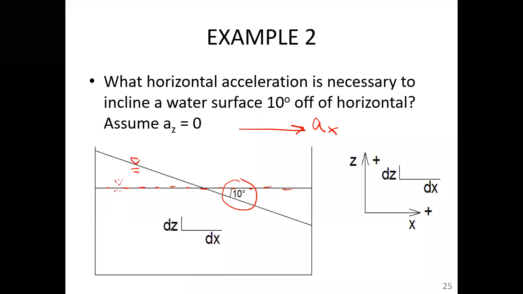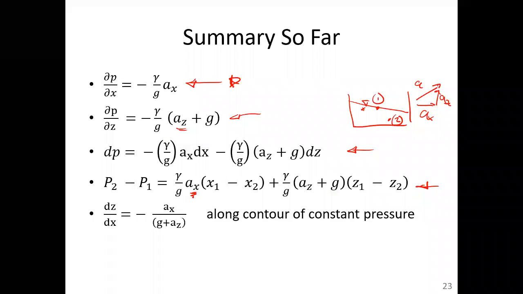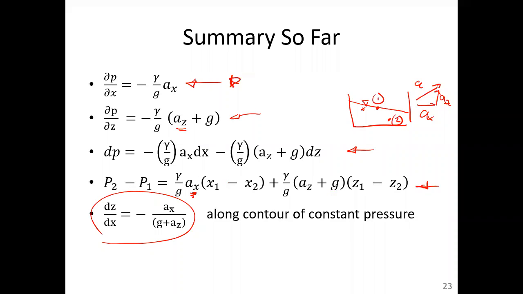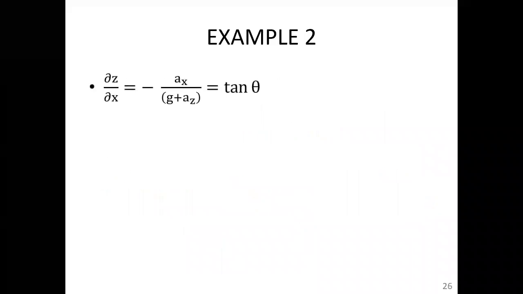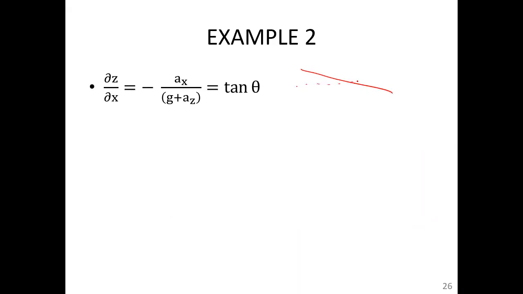Going back to the previous slide, all we have to do is find the horizontal acceleration that gives us an inclination of 10 degrees. That 10 degrees gives dz dx; it's the tangent of that angle. So we employ that equation. If you think of the geometry, if this is theta, this is dz, and that's dx.